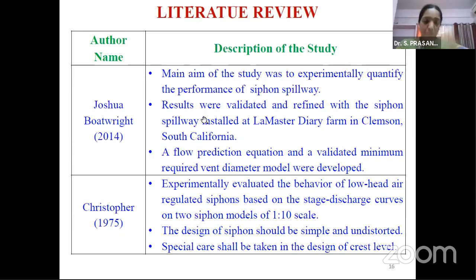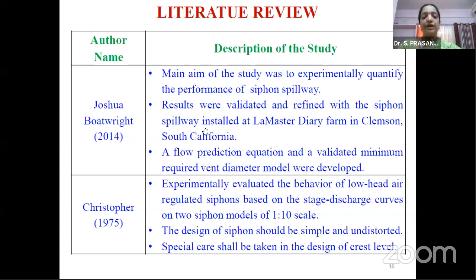Whenever we start some study, it is obvious that we need to look at who has done it in the past. What were their limitations, or what were their study results? What was the conclusion which was given with them? When we started looking back to the literature regarding these air regulated siphon spillways, we have not found any exclusive literature that was targeting the comparison of numerical modeling with the experimental physical modeling analysis.